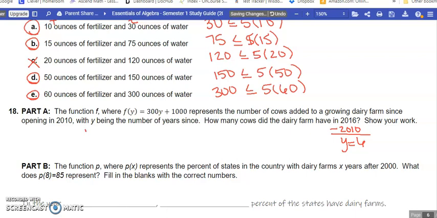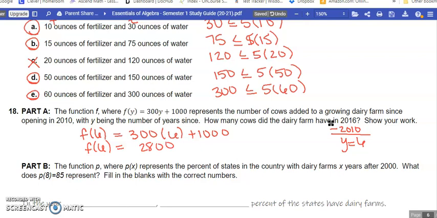So then we're going to plug that in. So we end up with 2,800. And that's cows.